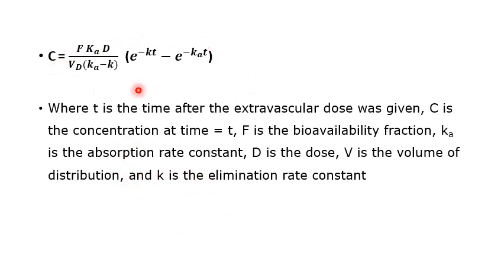I guess you remember the equations that we have taken in the subject of biopharmaceutics, and if you remember, there are specific calculations for the absorption rate constant by the residual method, for example.